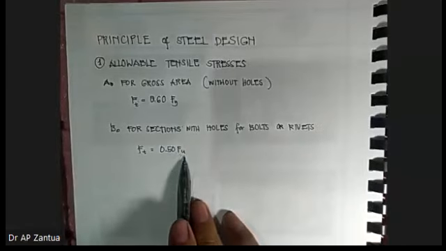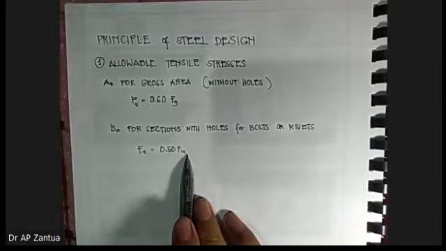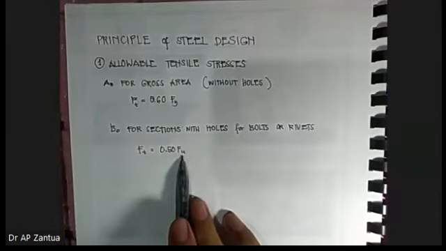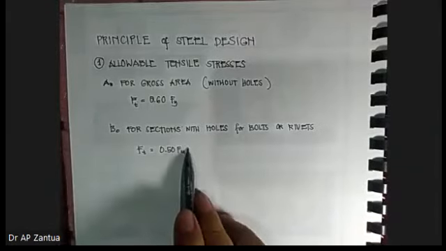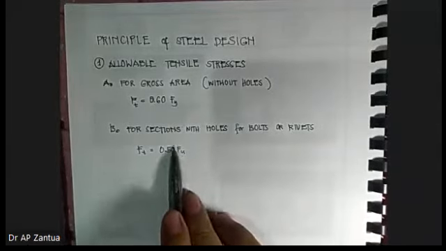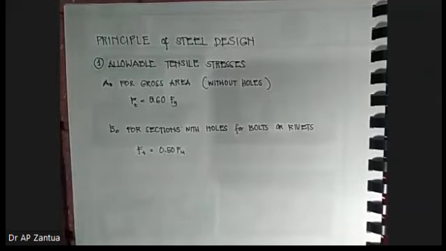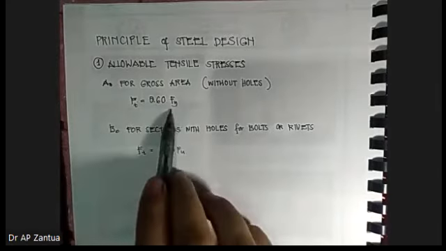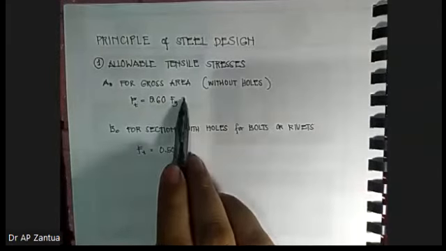This is the ultimate tensile strength. Can you plot it on the graph, the point U, the ultimate point? Also, when we are using the design, we are actually using the yield point most of the time.